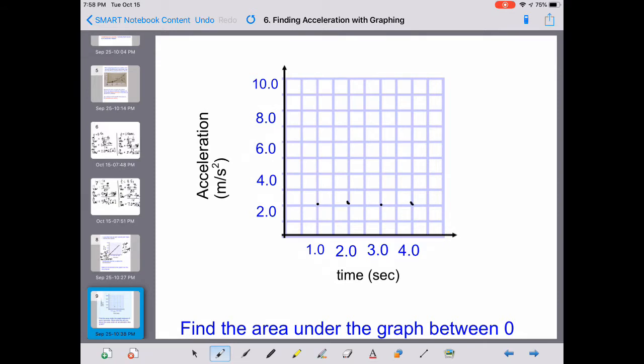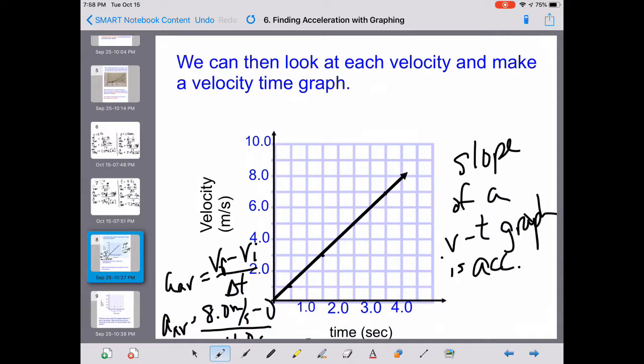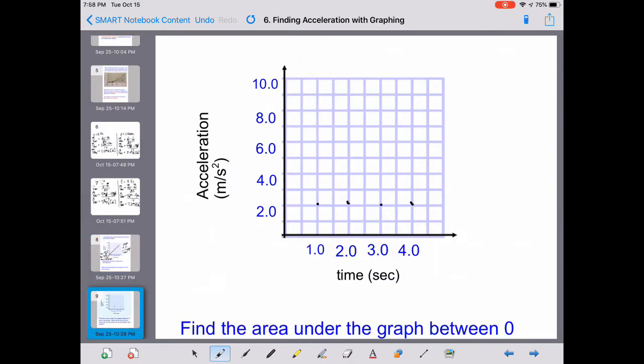For each of those time intervals, I'm getting the exact same slope from that velocity time graph that we looked at from before. So if I take a look here now, I can draw a straight line through this, going straight across. And we can see a graph of acceleration time.